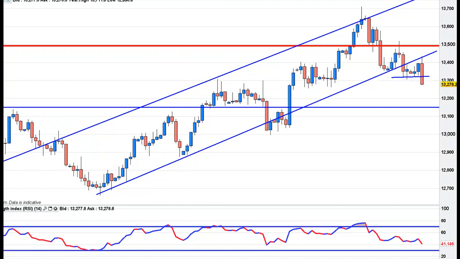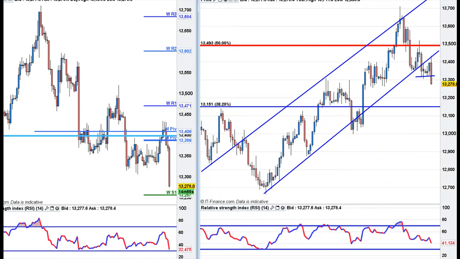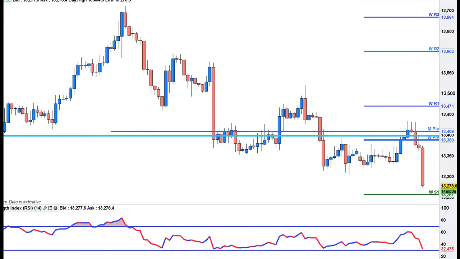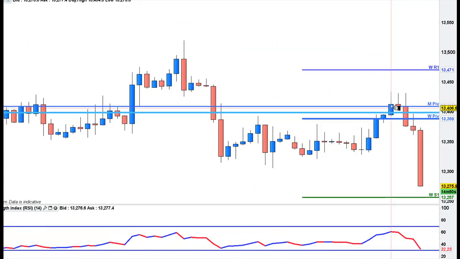And of course, if you look at this, the 4-hour chart, what we effectively had was a reversal bar on the monthly pivot at 8 o'clock. So all these highs were sold into, and then here we are on the way down to 132.57.